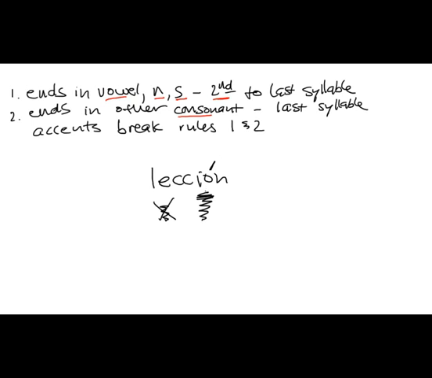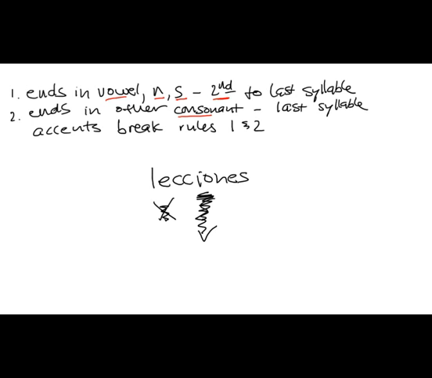Lección. Now what happens if we make this word plural? We add the es to make it plural, lecciones, lessons. Now with this additional syllable, vowel, N, R, S, this is the second to last syllable. So now, what do you think we do? In the plural form of this word, we take the accent off because it fits now rule number 1.